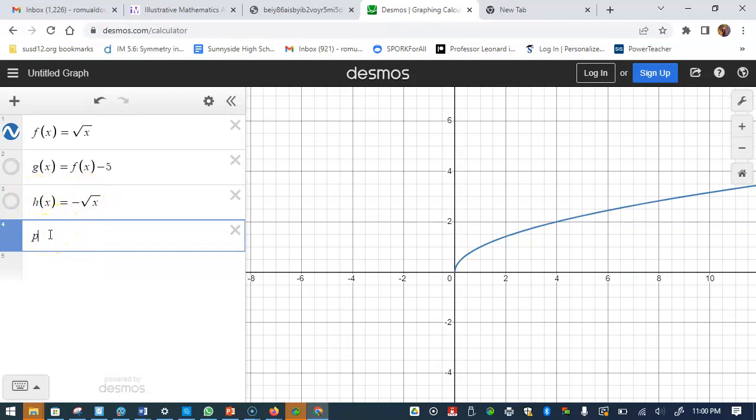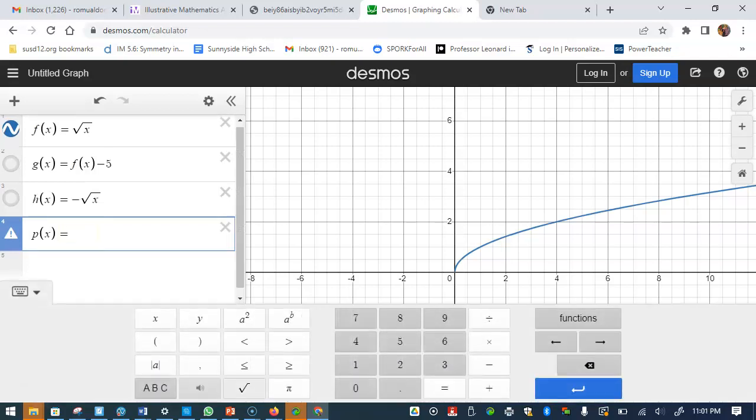But if I write another function with a radical sign, but this time I put a minus inside the radical sign, minus of x. So let's put minus of x. You see, the black one reflects over the y-axis. So hope that makes sense.